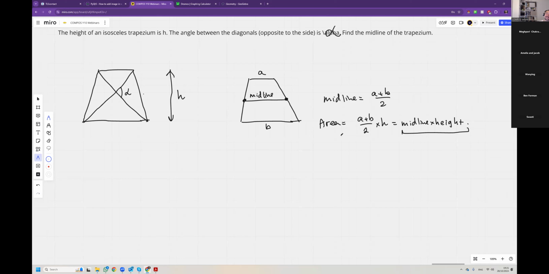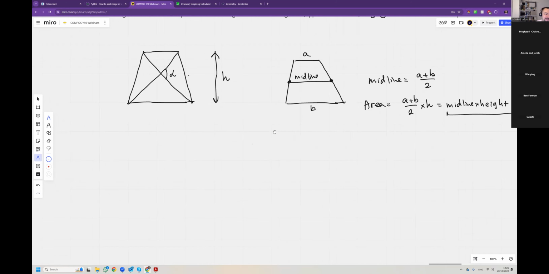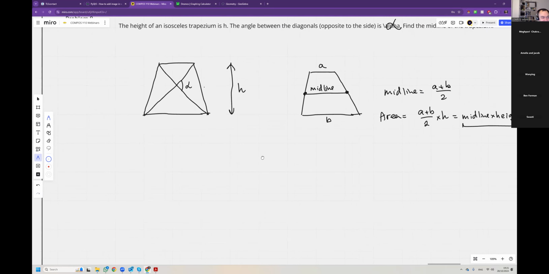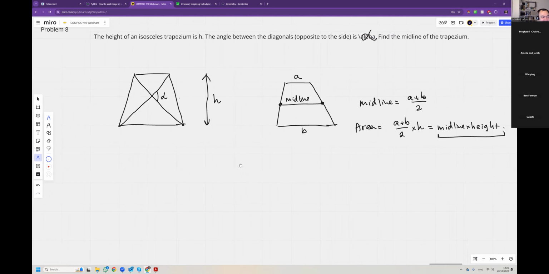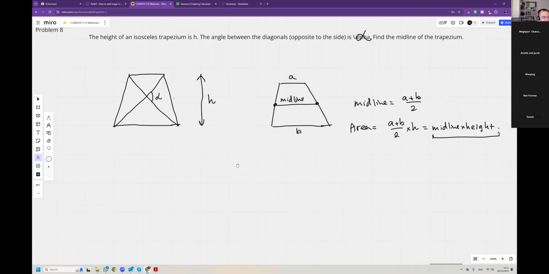And actually, thinking about it, I just realized there's another way of doing this problem. Now, let's label these sides.